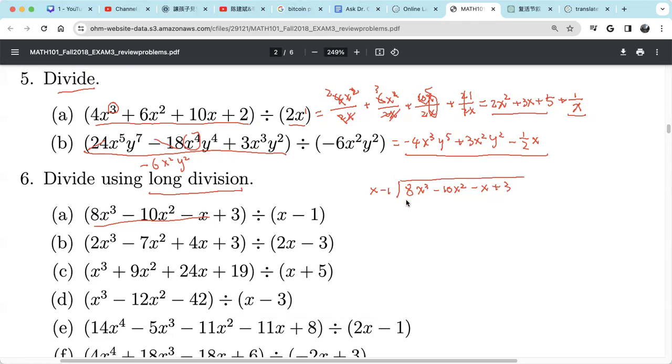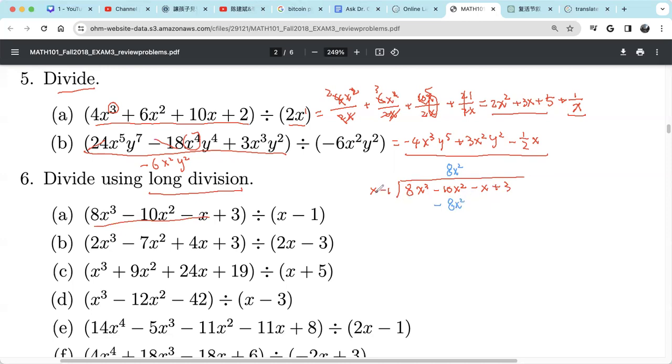We want to match. We think, what's ax cubed divided by x? That's ax squared. We use this leading term divided by this leading term: ax cubed divided by x is ax squared. Then we use -1, so multiplying -1 with ax squared, we get negative ax squared.